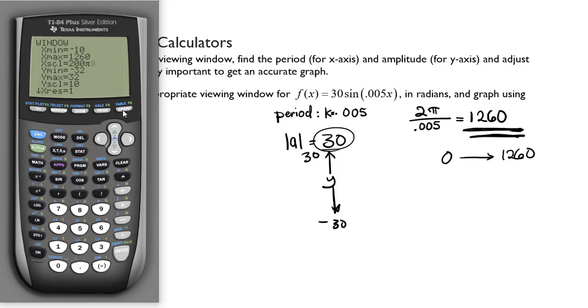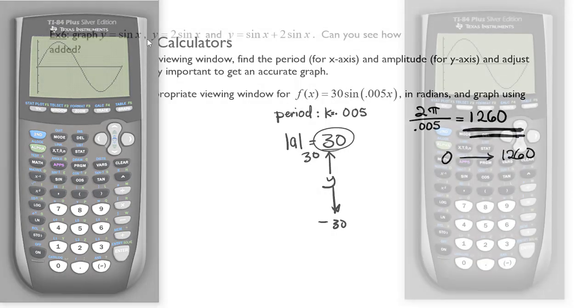And let's see what that does. Very nice. So you can see how it crossed. So if you're curious about whether you got your scale right when you are looking for a period of a function, you can scale your x-axis to have notches specifically where you want them, which is pretty cool.